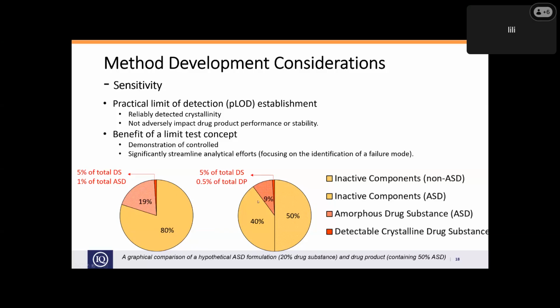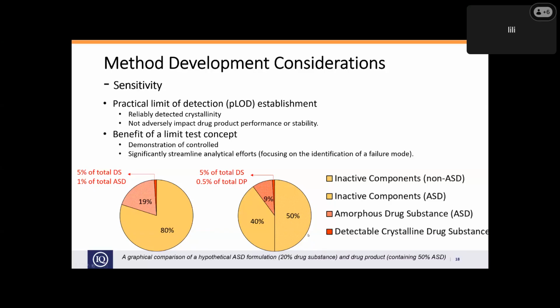And the chart on the right shows that if this 20% ASD is formulated into a drug product at 50% load of ASD, then the same level of crystalline drug substance, 5% of total drug substance, will correspond to only 0.5% crystallinity if expressed as weight percentage of total drug product weight.